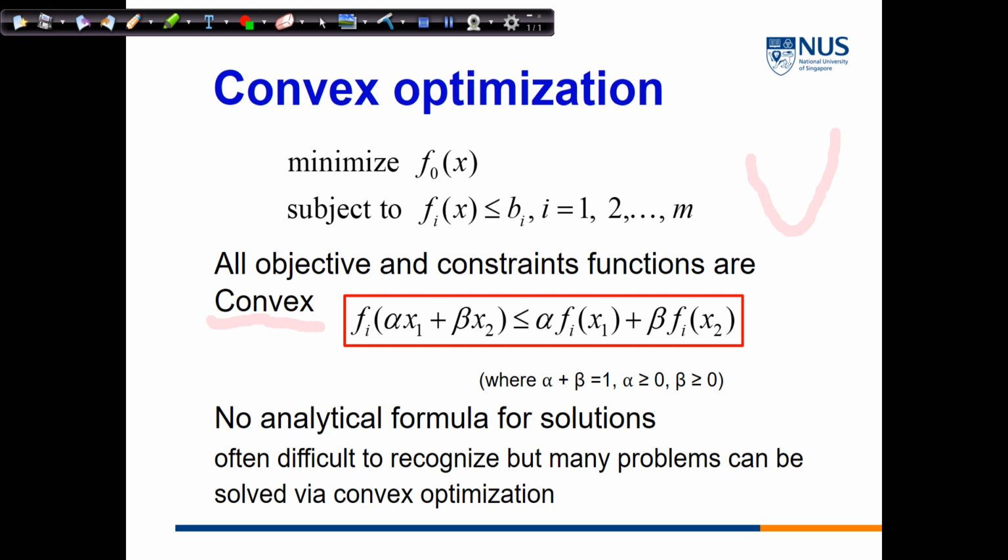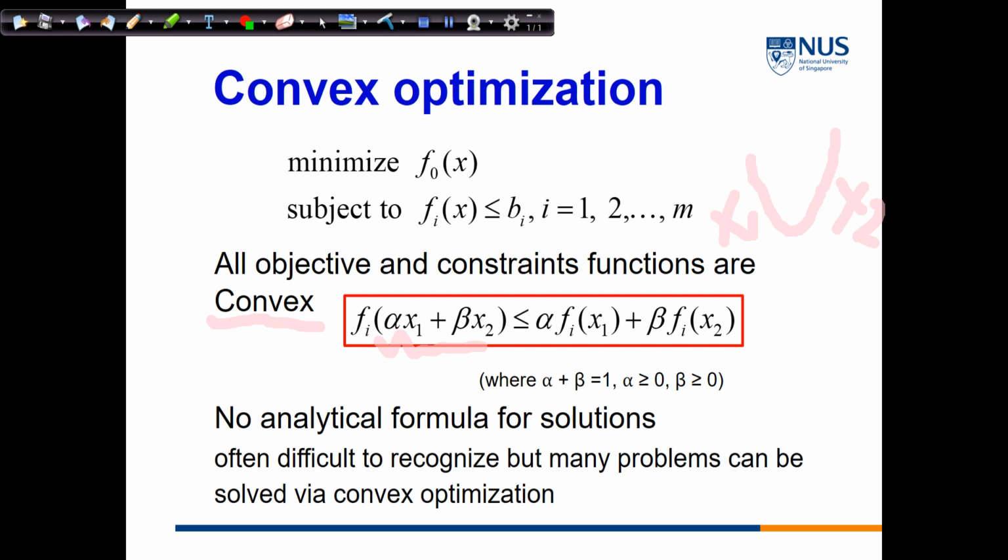If we have 2 points, x1 and x2, and then the combination alpha x1 plus beta x2, where alpha plus beta equals 1.